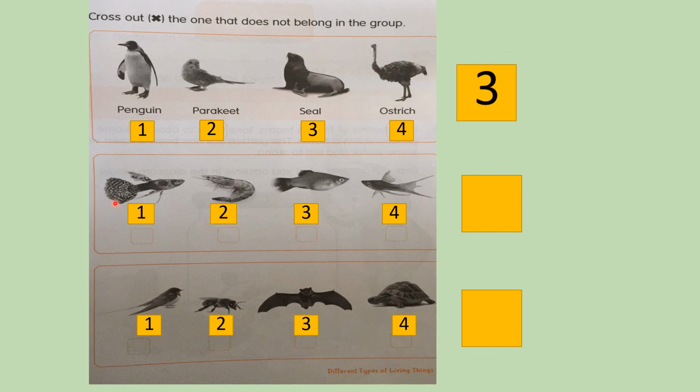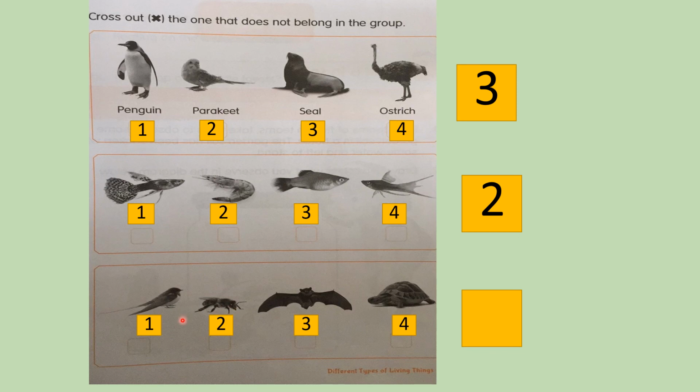Next, we have here fish, fish. And this one is a shrimp. So that means number 2 is not belong in the group. Okay, so cross this number 2. How about here in number 3 box?